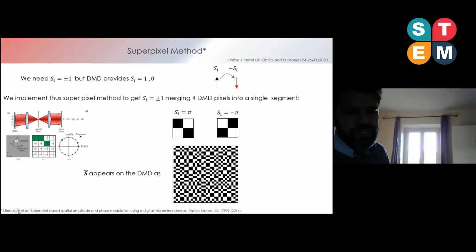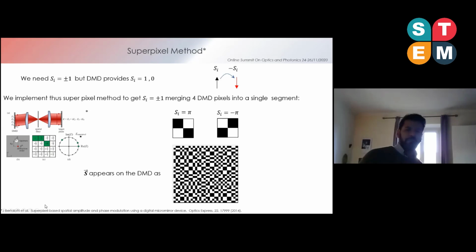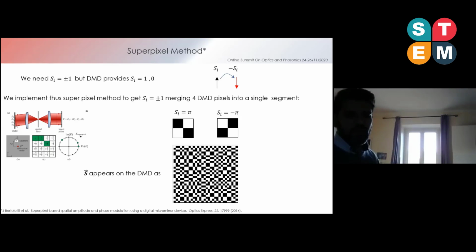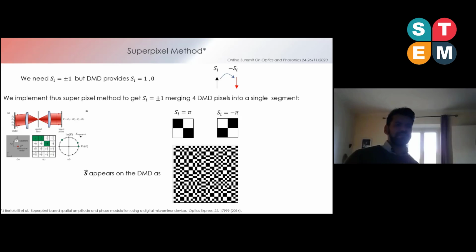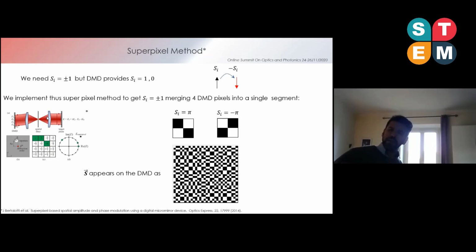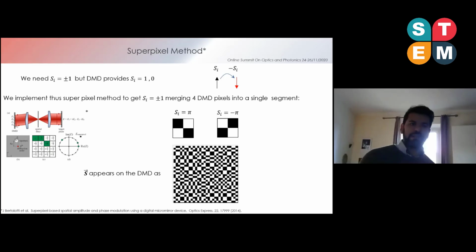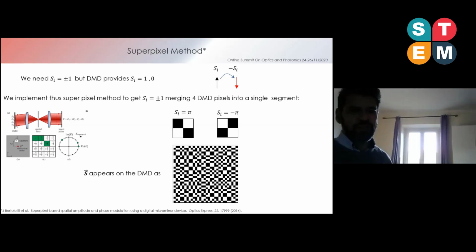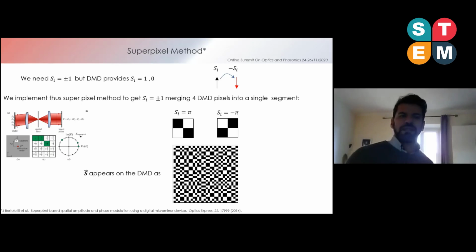In particular, you use this very nice approach from Jacopo Bertolotti and others in the reference below. You have this superpixel-based method in which you put a spatial filter in the conjugated plane of the DMD, in a precise location, cutting a set of the outgoing spatial vectors from the DMD, and then you can merge the DMD pixels into superpixels.